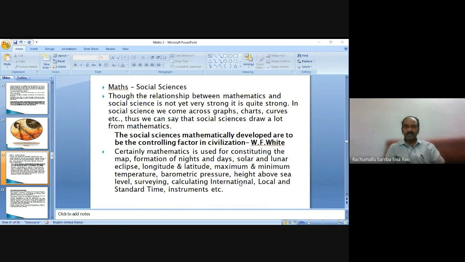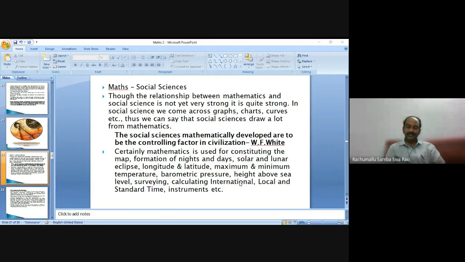Okay. In social science, we come across graphs, charts, curves, etc. Thus, we can say that social sciences draw a lot from mathematics. Simply seeing that we have to discuss some concepts of social science with the help of graphs, charts, and curves, these graphs, charts, curves are all from mathematics only.